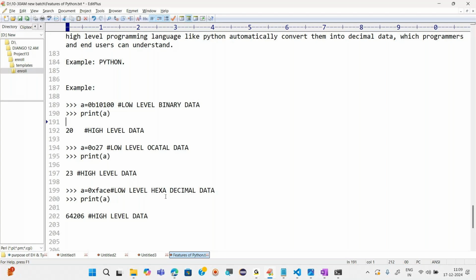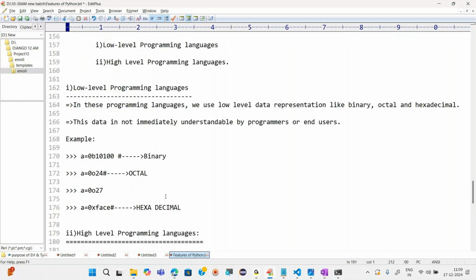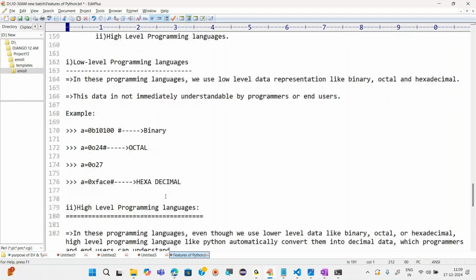So basically, a high level programming language, not data, is able to convert low level data into high level data. A high level programming language such as Python, even if we provide any low level data, will convert it into high level data automatically.